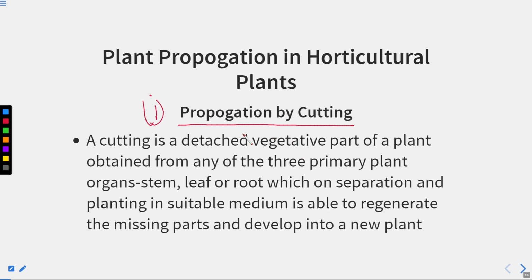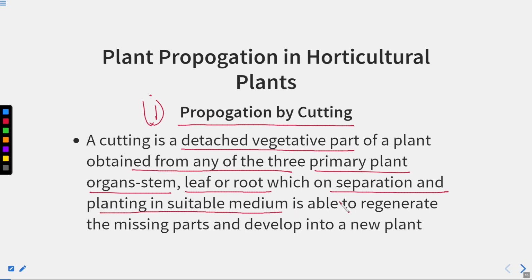Propagation by cutting. A cutting is a detached vegetative part of a plant obtained from any of the 3 primary plant organs, that is stem, leaf or root, which on separation and planting in a suitable medium is able to regenerate the missing part and develops into a new plant.